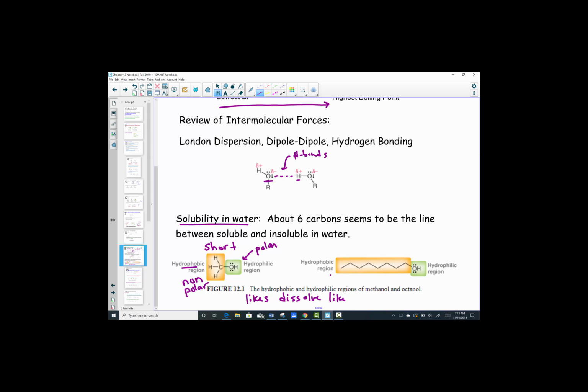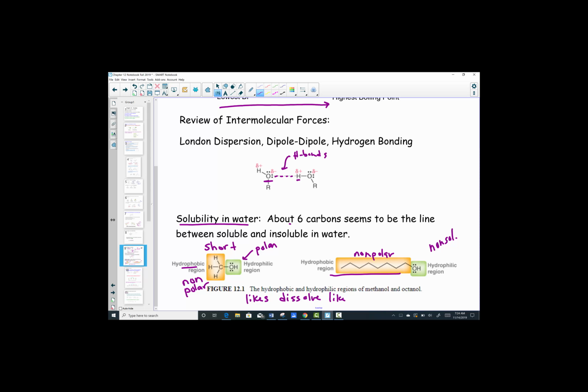But as we begin lengthening the carbon chains, this non-polar region, the hydrophobic region, dominates, and the hydrophilic region is quite small in comparison. So this ends up being non-soluble in water because now the nonpolar region is interacting and it's not really allowing the hydrophilic region to participate in solubility.